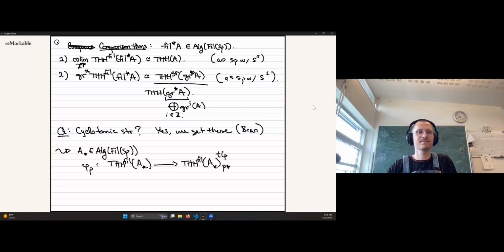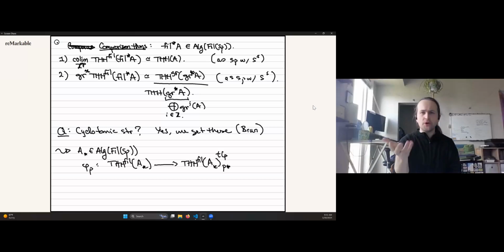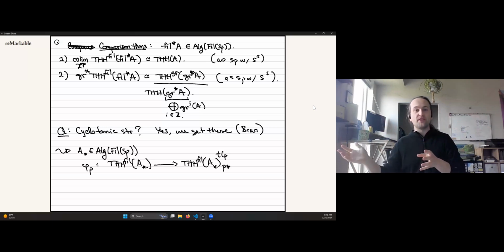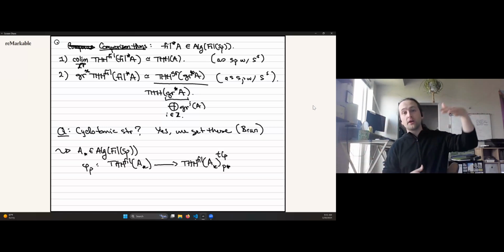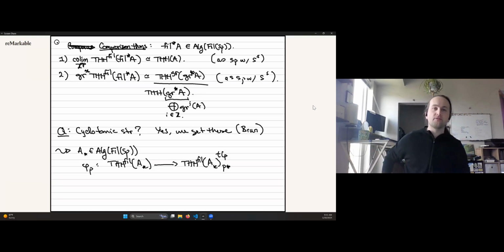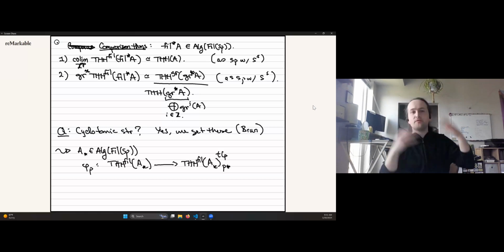But ultimately that should amount to something like the underlying ring spectrum is connective, and maybe your filtration is constant after some stage, and you have some good connectivity estimates on the terms tending to infinity. Something like this will usually allow you to prove some sort of comparison for the homotopy fixed points, for instance.